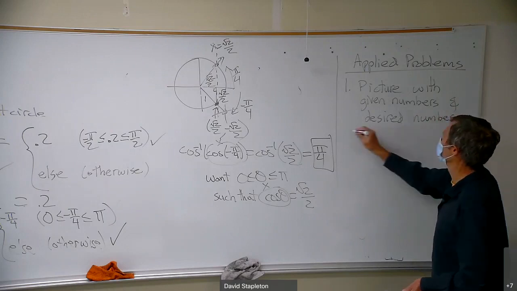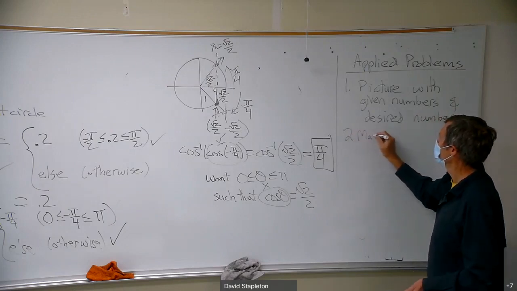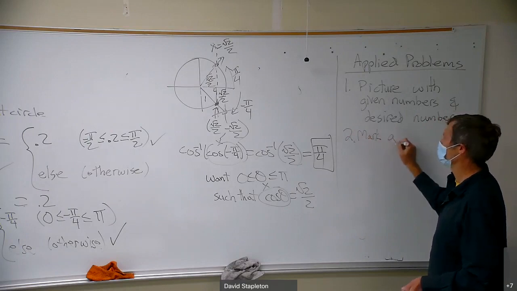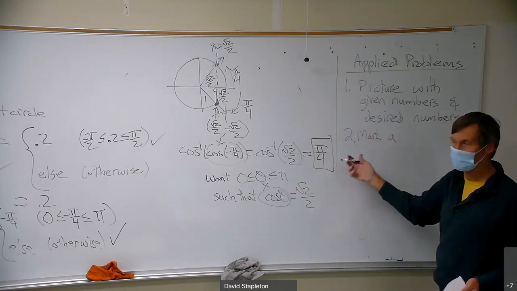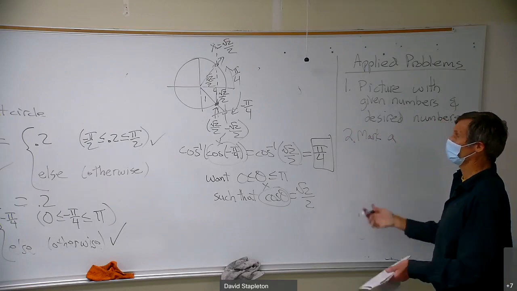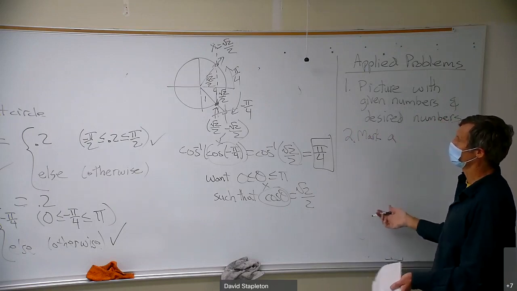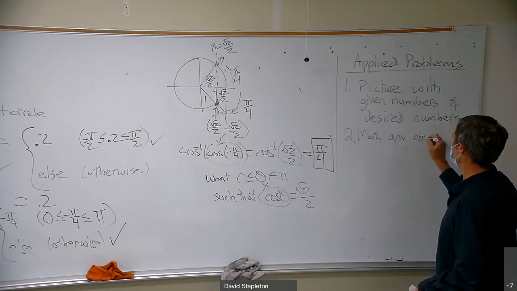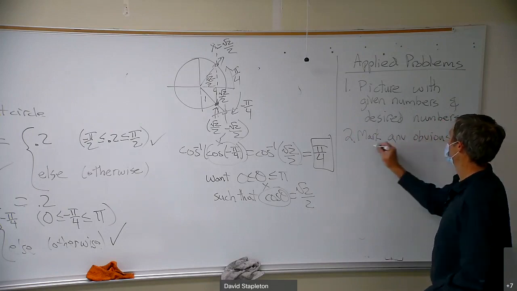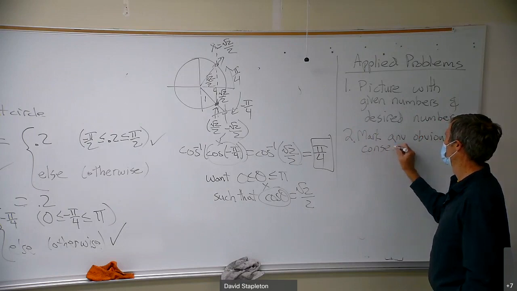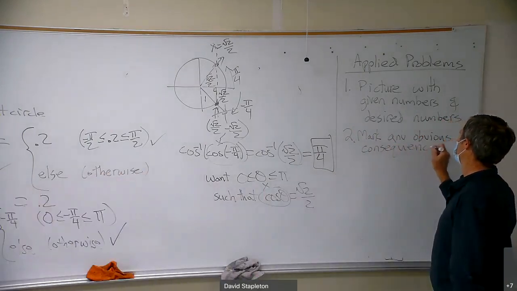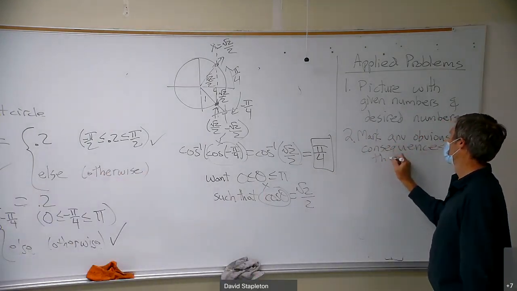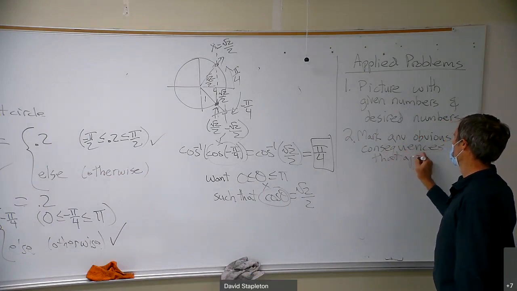Then we go through and we look and we mark any obvious consequences. If they've got two sides of a triangle, we can complete it with the Pythagorean theorem. If we've got supplementary angles, we can take 180 minus the other one. Mark any obvious consequences that might apply. Some of them are not useful.